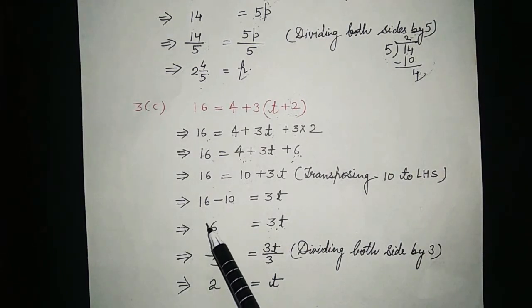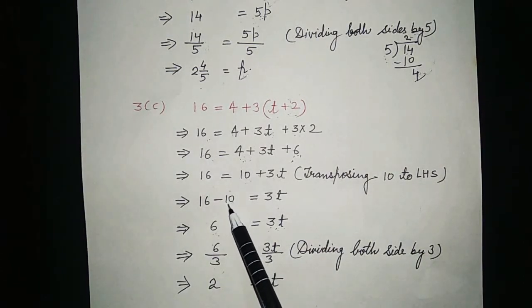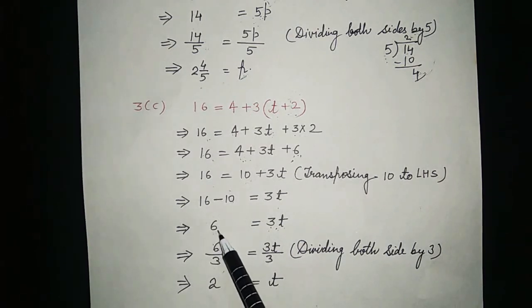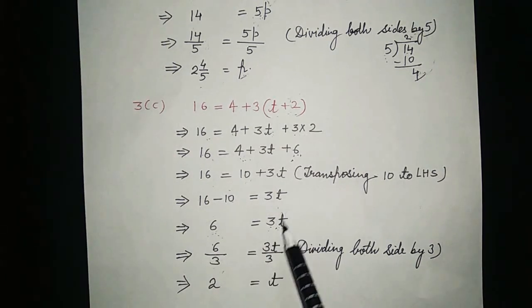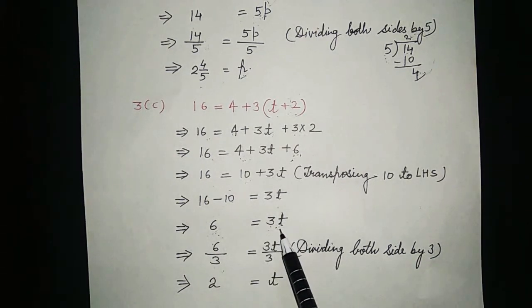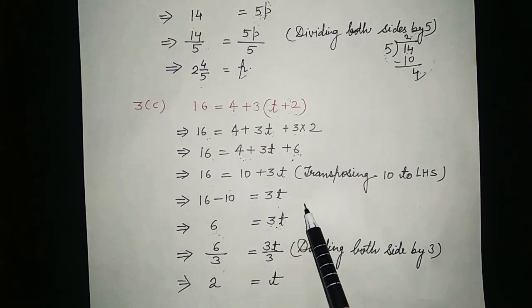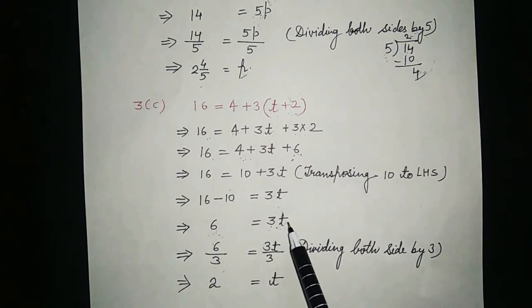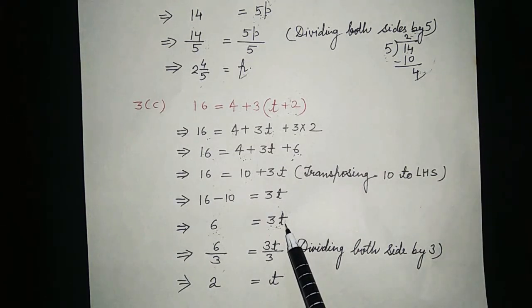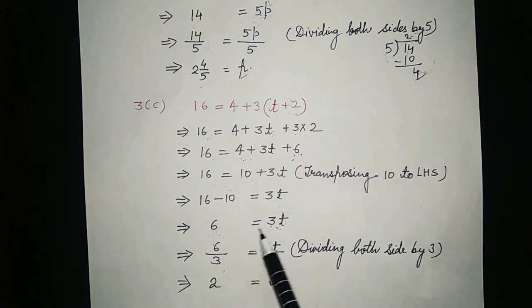Now on the left hand side, when we subtract 10 from 16, we get 6. Now the next step is 6 is equals to 3t. Now here we have to separate this variable t. So what do we have to do? Here 3 is in multiplication with this t. So both the sides we will divide by 3.